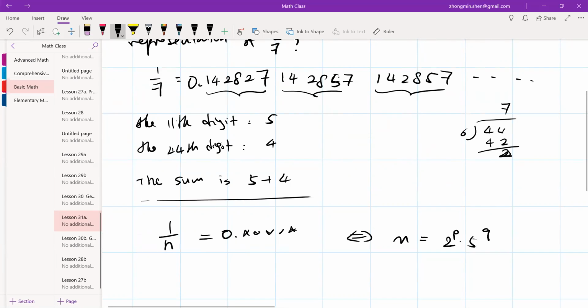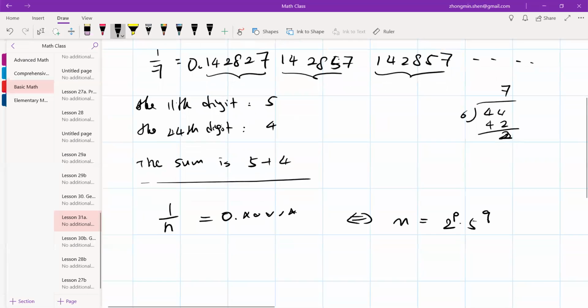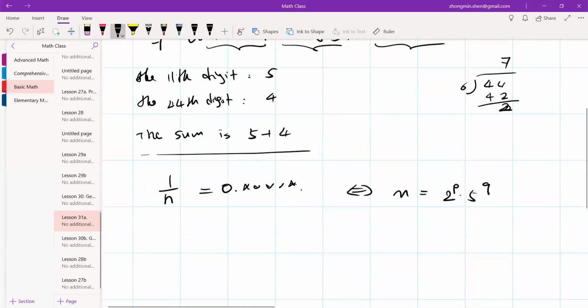It cannot contain other factors. If it contains a factor of 7 or other prime numbers, you get infinitely many digits in the decimal representation. For example, 1 over 10 is 1 over 2 times 5, so it's going to be 0.1.